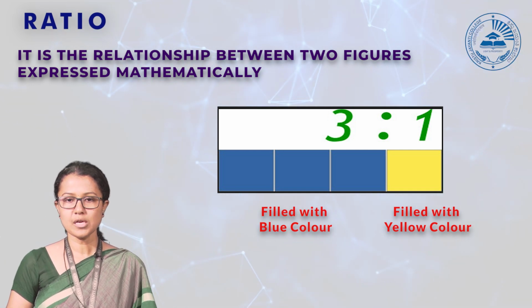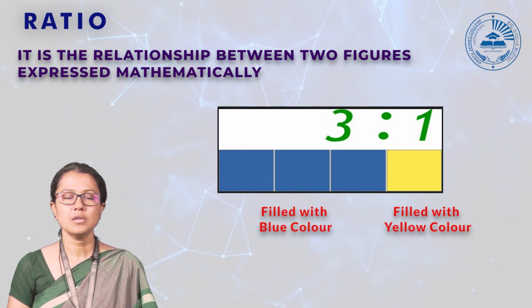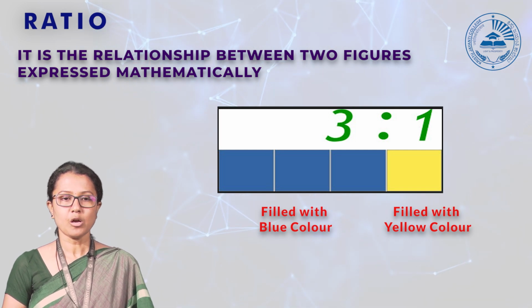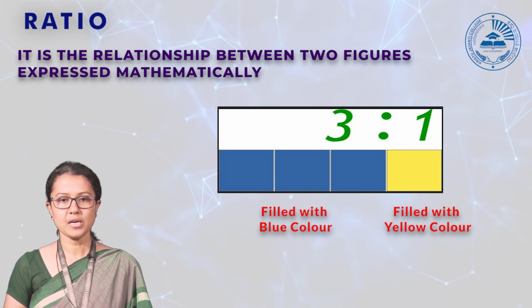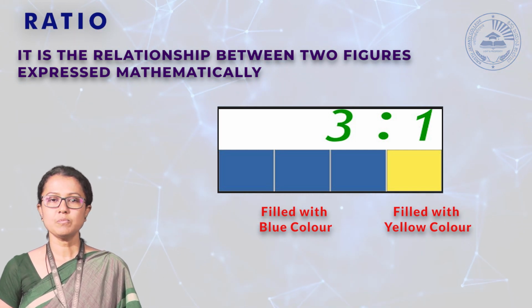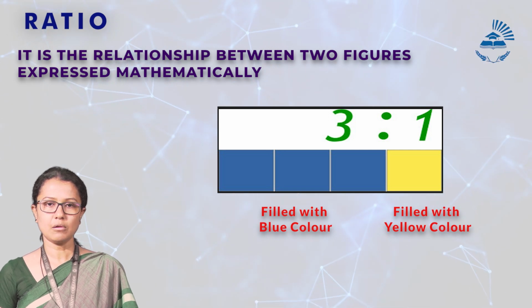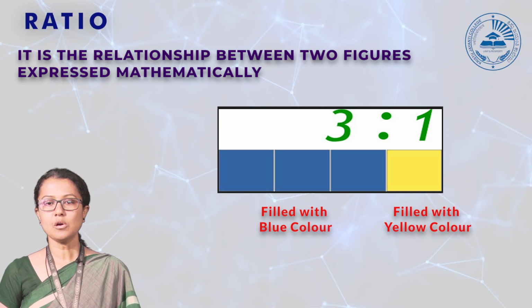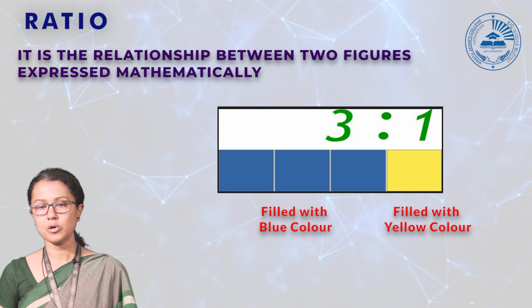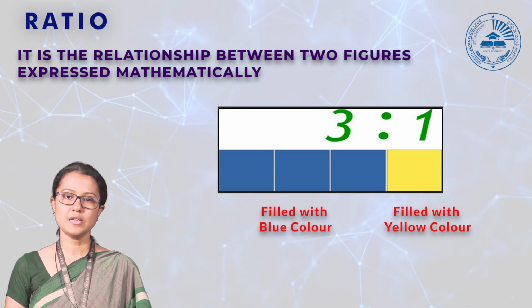When a person looks at this, you can easily identify how many are blue and how many are yellow. When we express ratios in finance or in mathematics, we always use the simplified form, so simplification of ratios is very important.